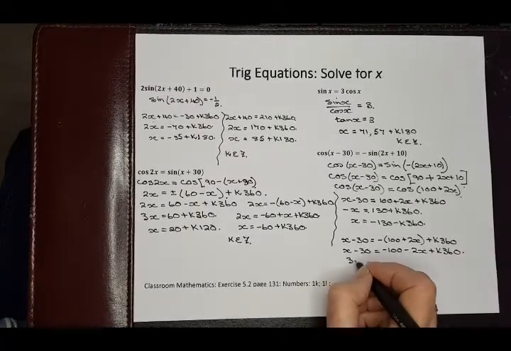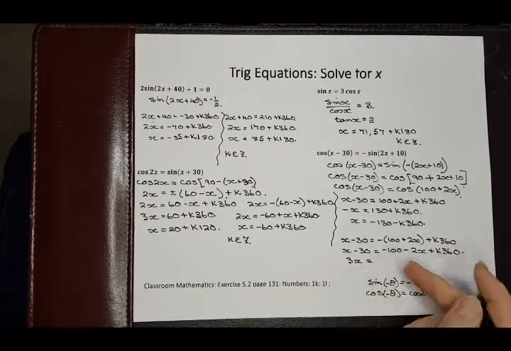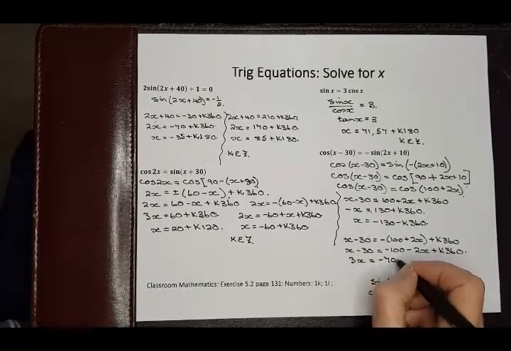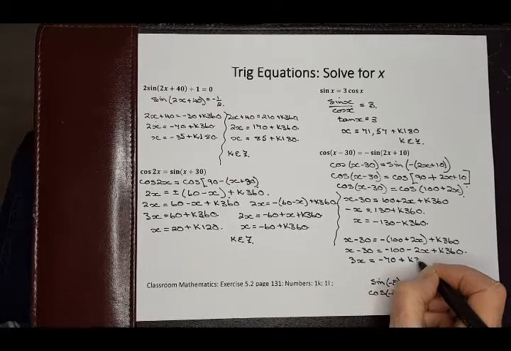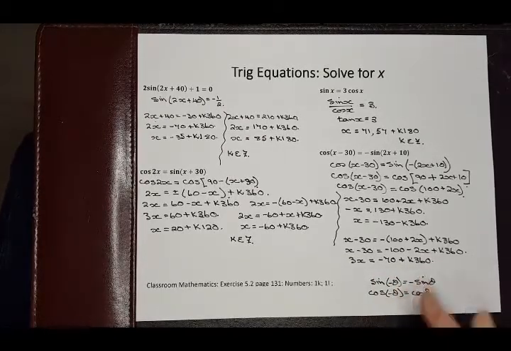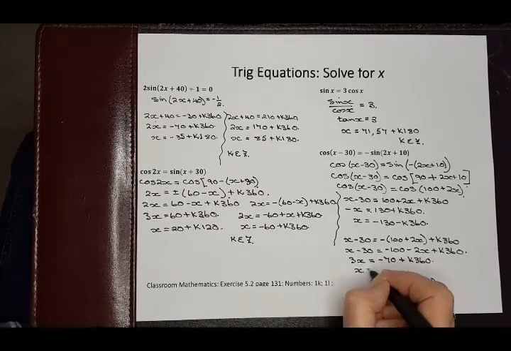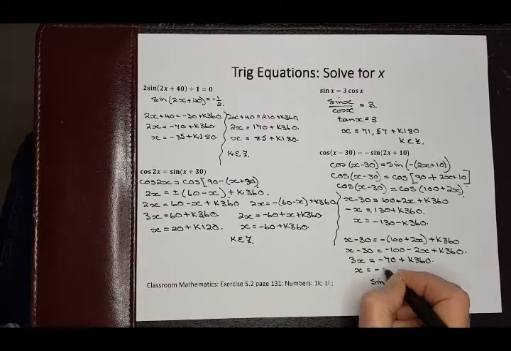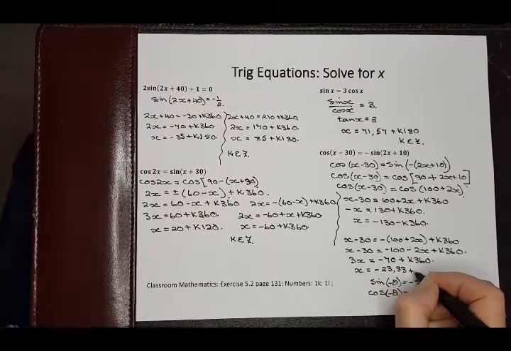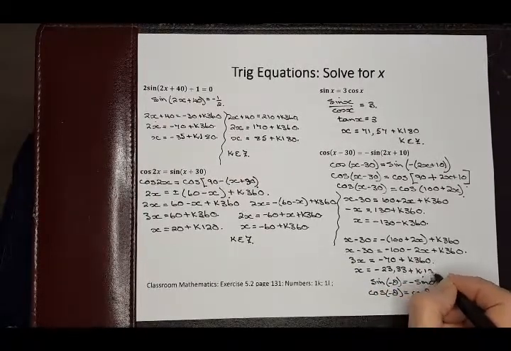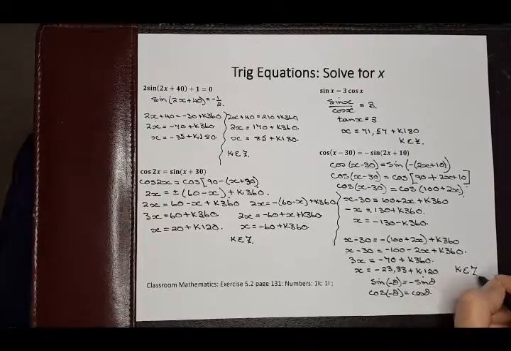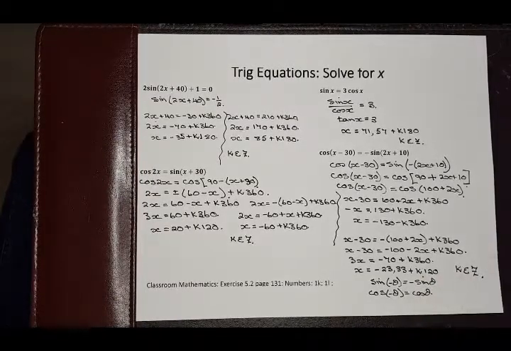In other words, 3x is going to equal -100 + 30, which is -70, + k·360. I'm going to divide both sides by 3, and x is going to equal -23,33 + k·120. Again, k is an element of the set of integers.